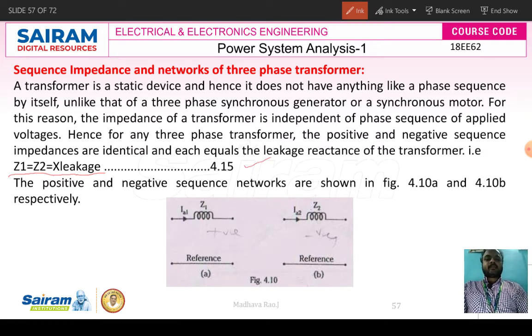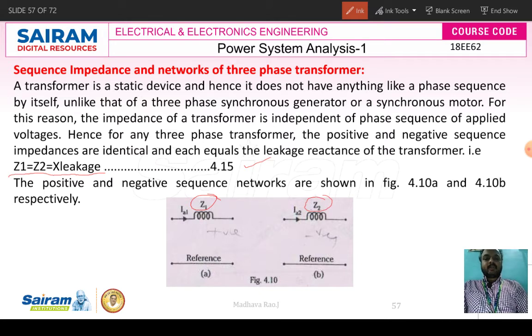The transformer's positive sequence and negative sequence impedances are equal, unlike the generator and motor, and equal to the leakage reactance. Here Z1 is the positive sequence impedance and Z2 is the negative sequence impedance.